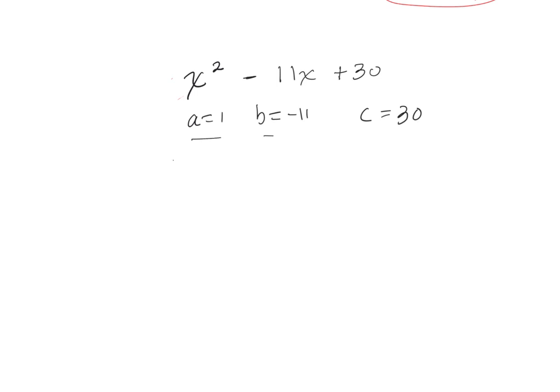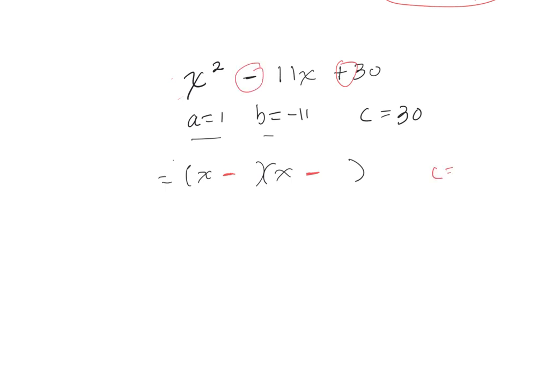You write a, b, and c down, and then you know you're going to have x times parentheses, x times parentheses. But we didn't do this one where b is negative but c is positive. Well, if c is positive, the b is still going to be the sum. But what you're going to have here is two negatives. If this is positive and this is negative, you have two negatives.